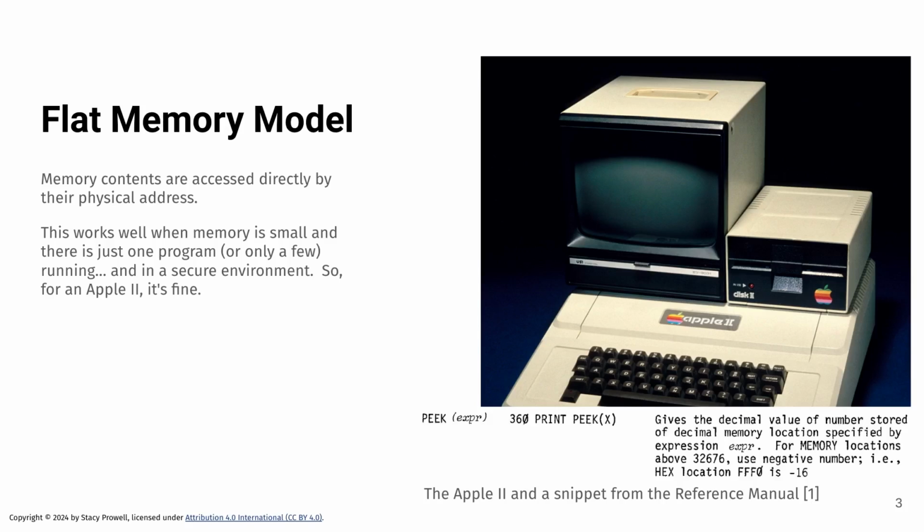A flat memory model is one in which the computer simply accesses a memory address directly, obtains the data at that address or writes data at that address, and can directly manipulate memory. This works well when things are small, or when you're in a very secure environment, or when you only have one process running.